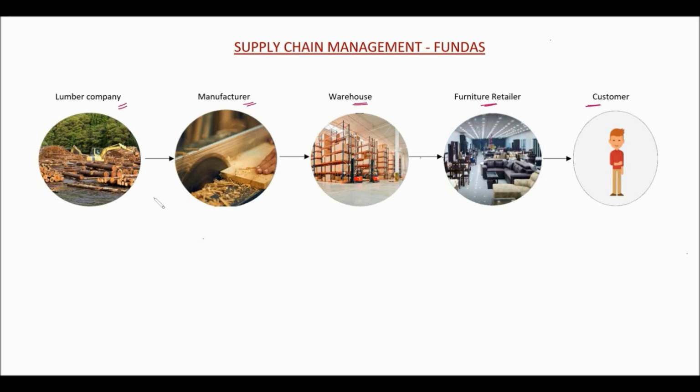So as you can see, the material is flowing through a continuous chain beginning from the raw material supplier, which is this, through intermediate manufacturers to the distributors or the warehouse, then to the retailer, and then finally to the end customer.